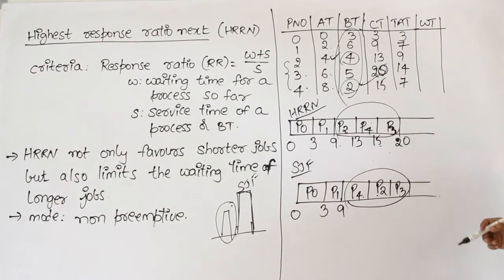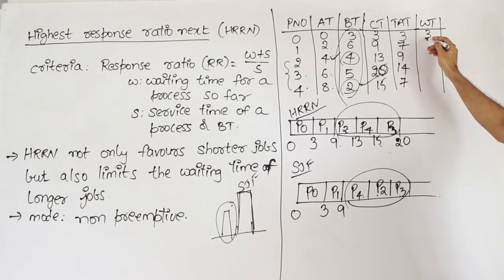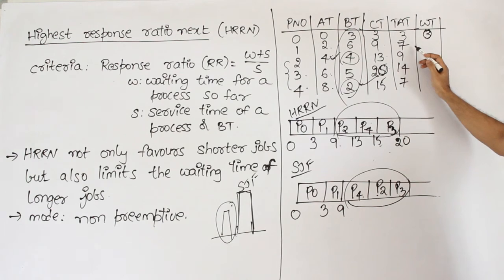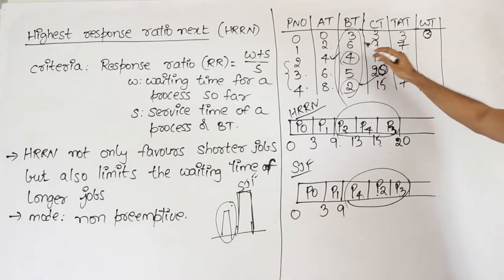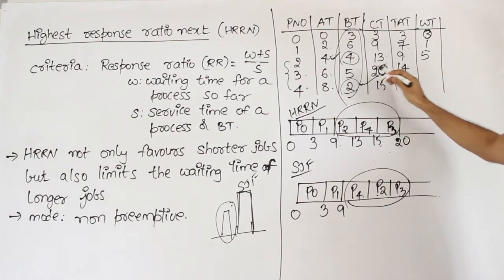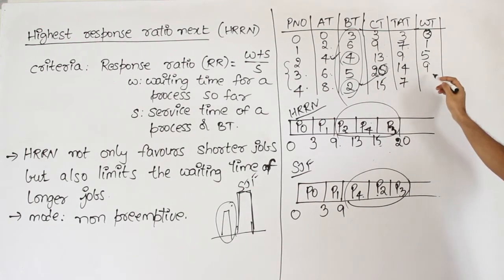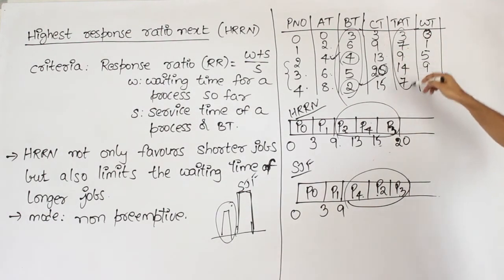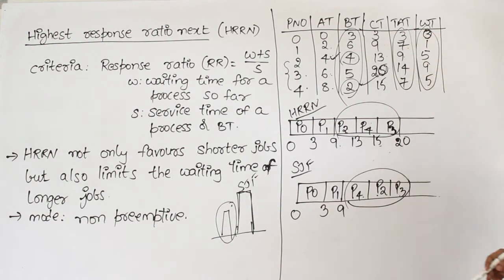So what is waiting time here? Waiting time is turnaround time minus burst time, which is 0 here, right? And then turnaround time is 7 and the burst time, so it is 1 and then it is 5, it is 9, it is 5, right? So this is the waiting time, and you can find out what is average turnaround time and what is average waiting time. And if you want to find out the response time also, you could find it out.